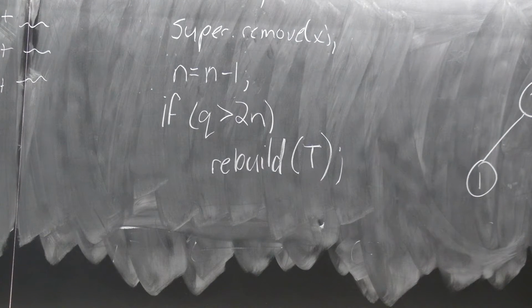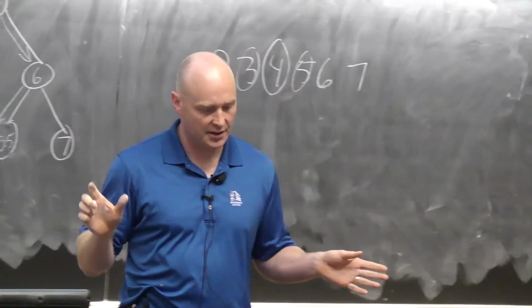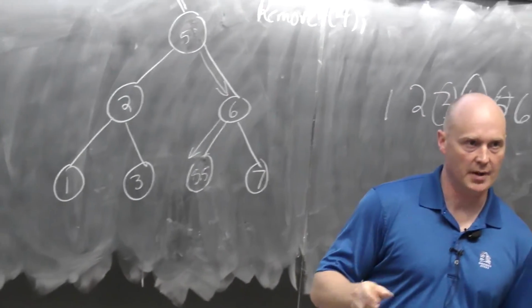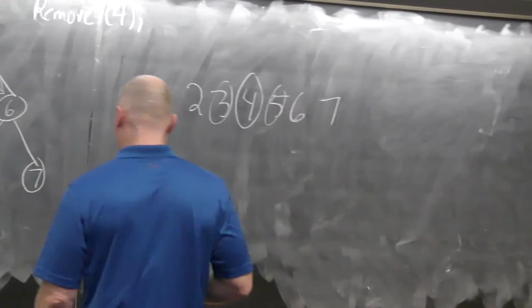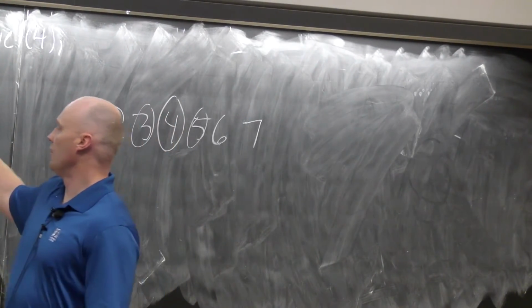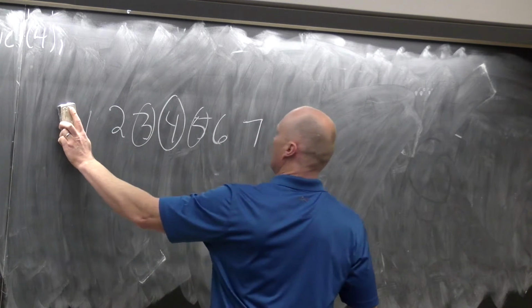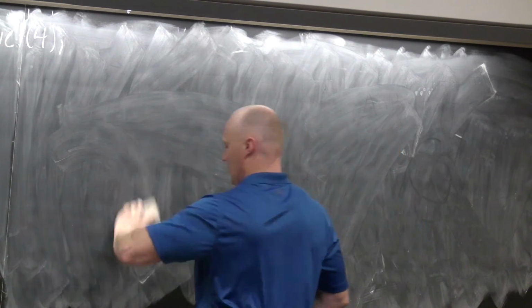And by rebuild, what we're going to do is build it into a complete binary search tree, which means it will be balanced. And how we do that is, well, this is already balanced.